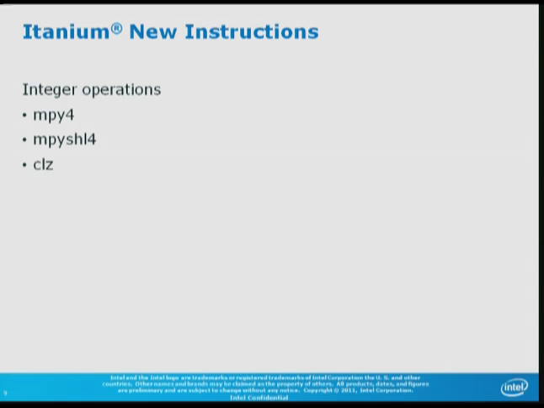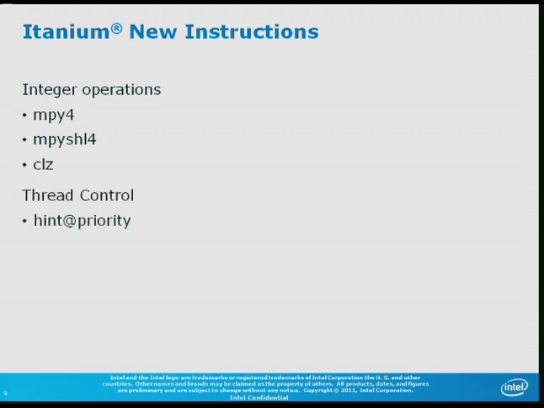So first is a set of integer instructions, the first 2 being integer multiplies. These integer multiplies execute in our integer unit rather than our floating point unit to save latency of moving data back and forth between the integer and floating point units when you have an application that's mostly integer based. We also have added a count leading 0 instruction, which is very useful for crypto code.